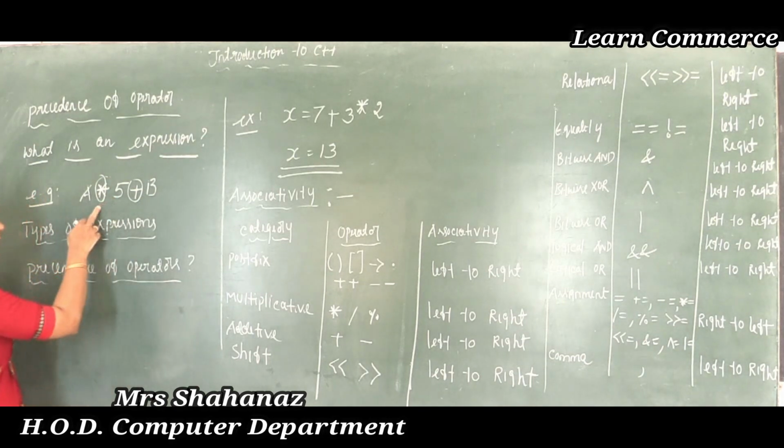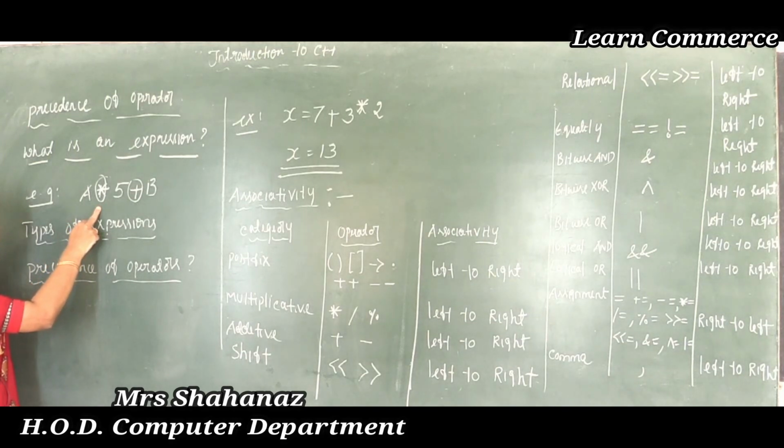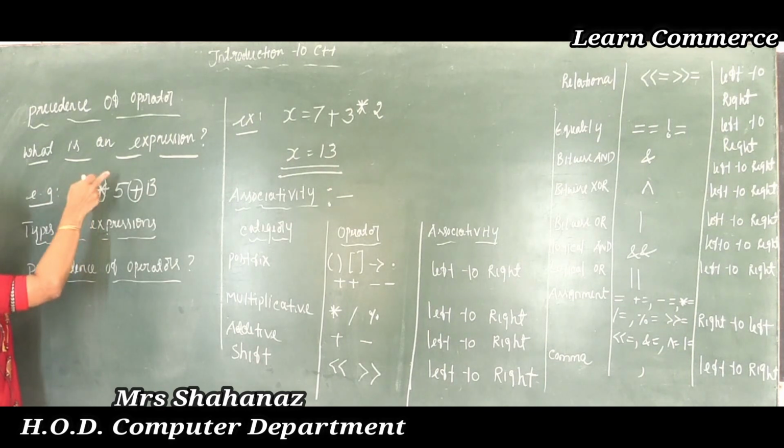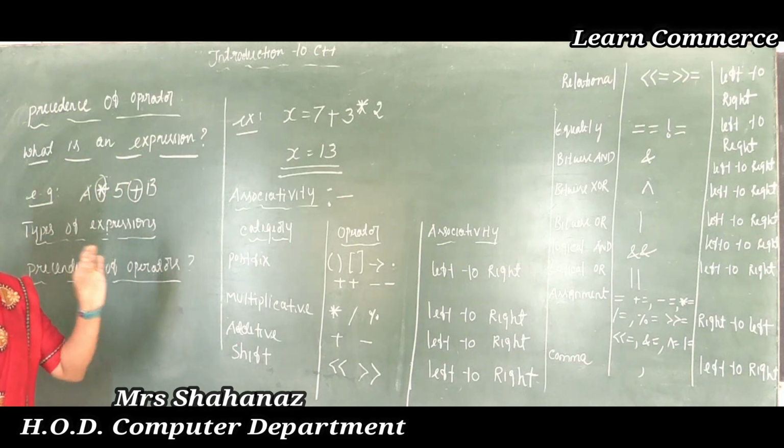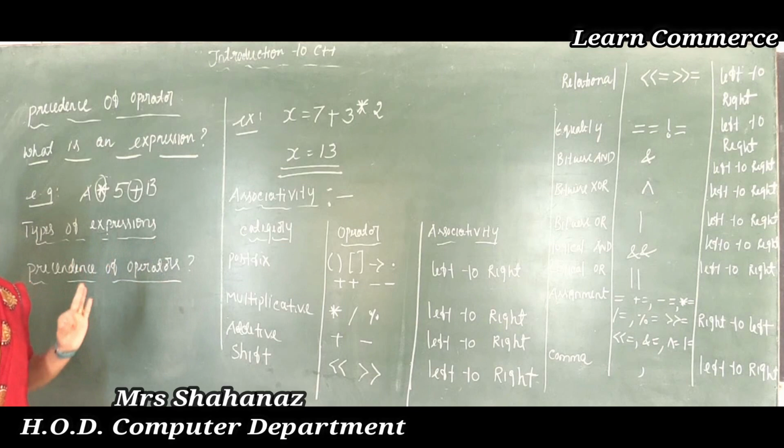So this is a suitable example for our expression, because I said an expression is a combination of operators, operands and constants. So multiplication and plus are the operators and 5 is the constant. A, b are the operands, otherwise totally a, b and 5 are called the operands.